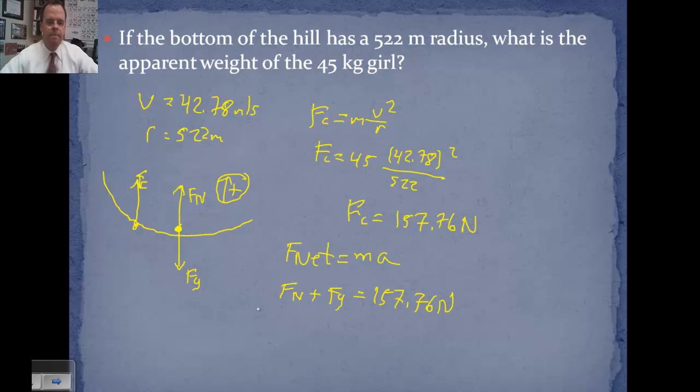So in this case, my force of gravity is going to be 45 times 9.81, which is 441.45 newtons. So force normal plus negative 441.45 equals 157.76.